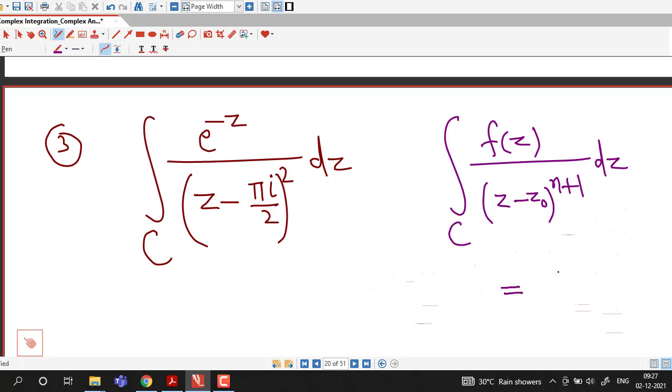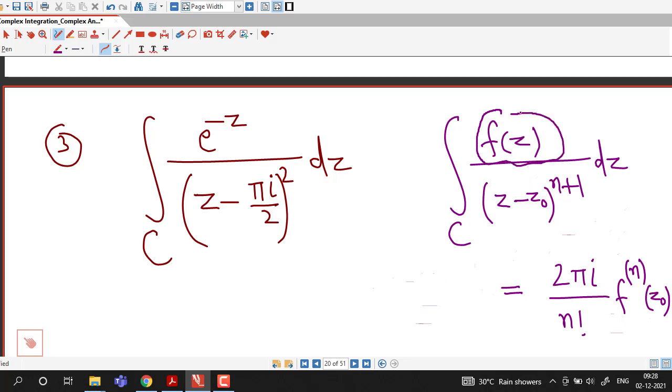This is equal to 2 pi I divided by n factorial and the value of the nth derivative of f at point z0. Where we require that this function f of z is analytic everywhere inside and on this simple closed contour C, and z0 lies inside this simple closed contour C.